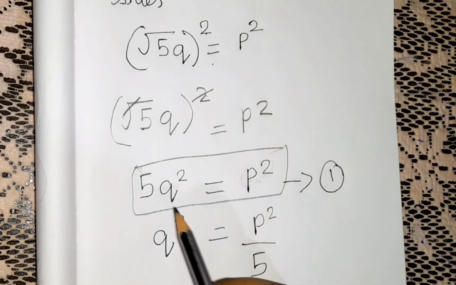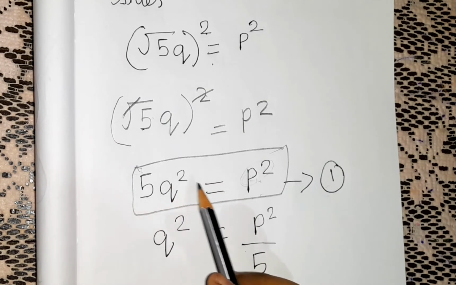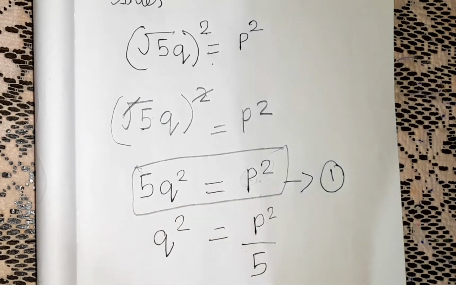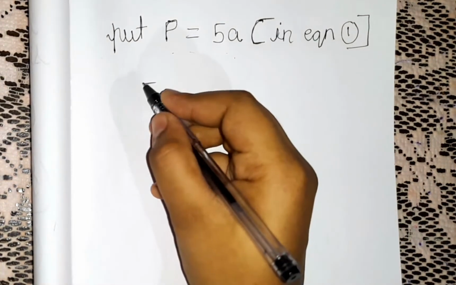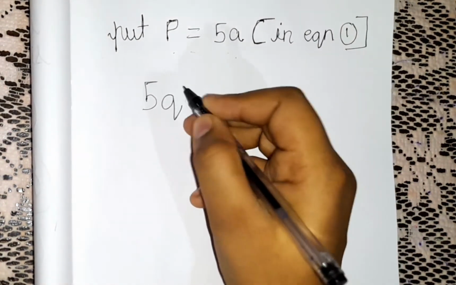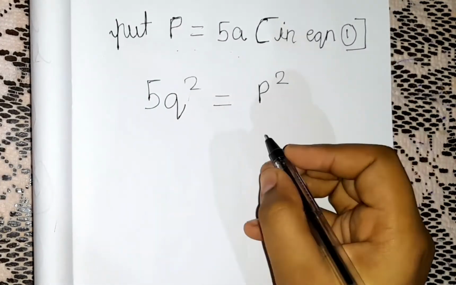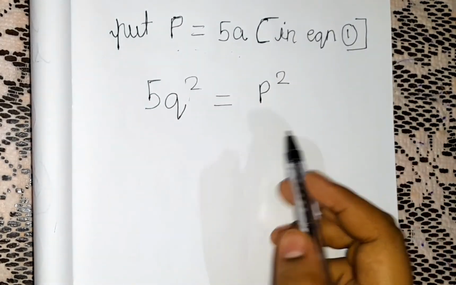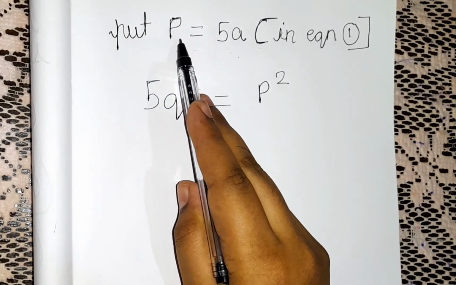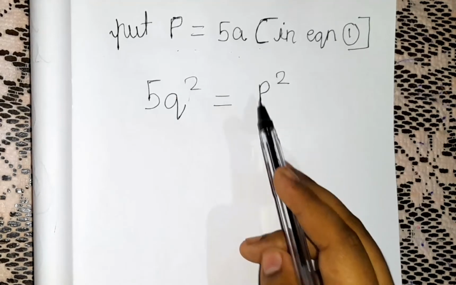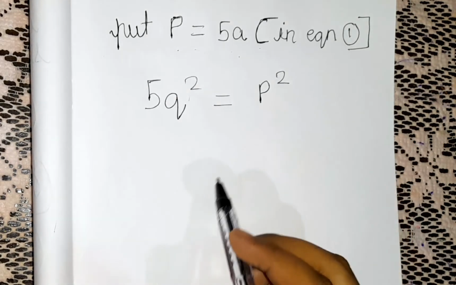So instead of p, we should write 5a, and the square we should write as it is.